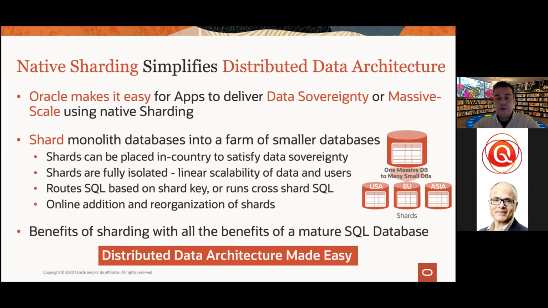The smaller databases, we call them shards. You can place these shards in different countries, in different locations, for example, for regulation purposes, for company policies, or just to be closer to the end user, because the performance is going to be improved and the user satisfaction is going to be improved for your database.